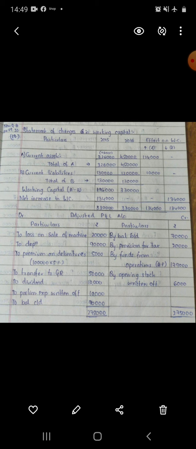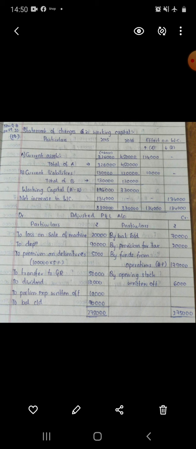The following are summarized balance sheets and other information of Hero Limited as on 31st December 2015 and 2016. Prepare funds flow statement and statement of changes in working capital and funds from operations.